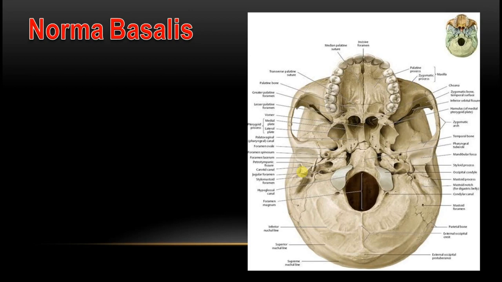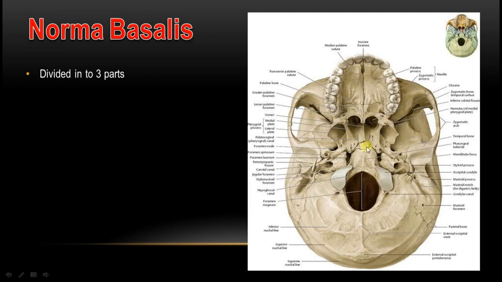Now we will move on to the next view, which is called the Norma basalis. The inferior view of the skull is called the Norma basalis, divided into three parts. The anterior part, which is limited by the line drawn along the posterior border of the palate.